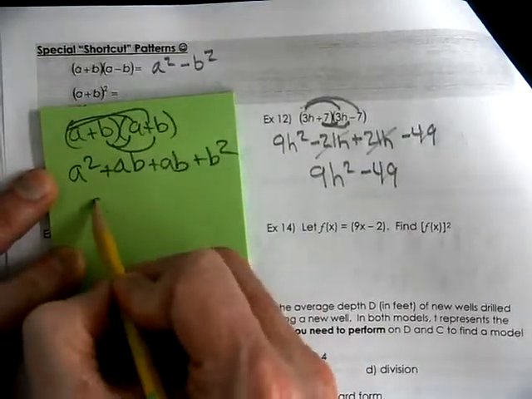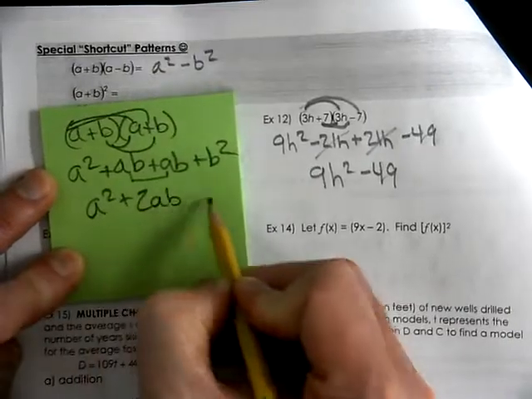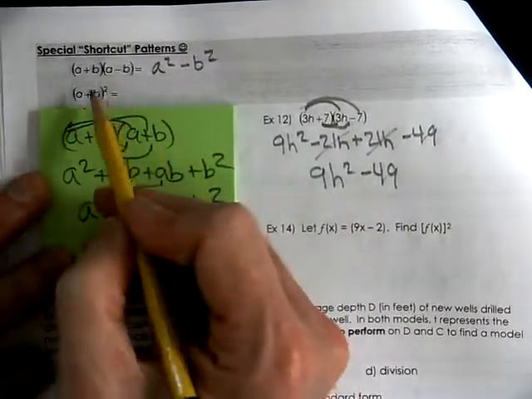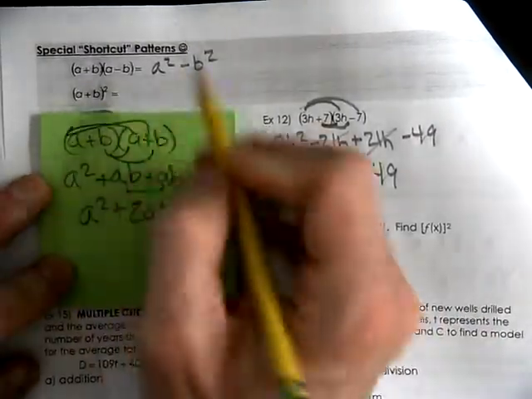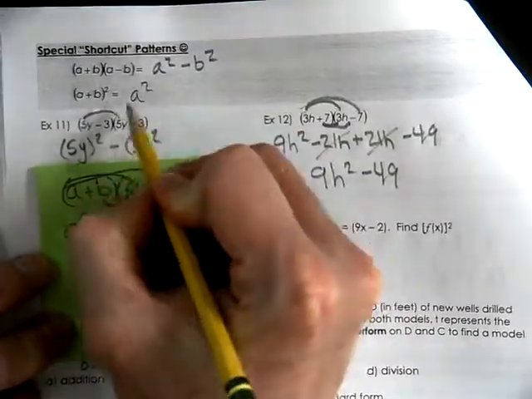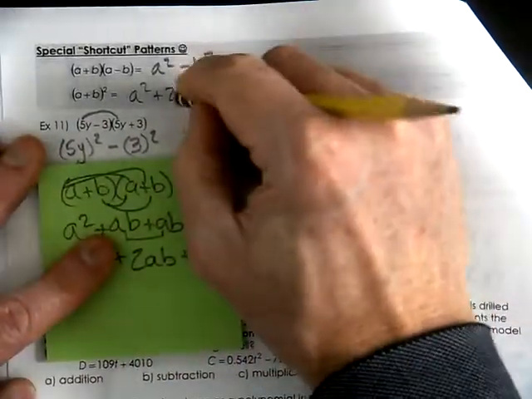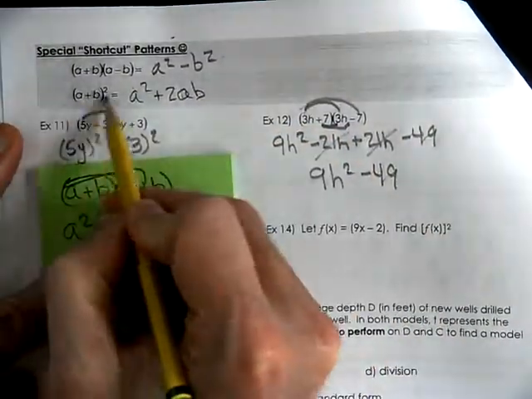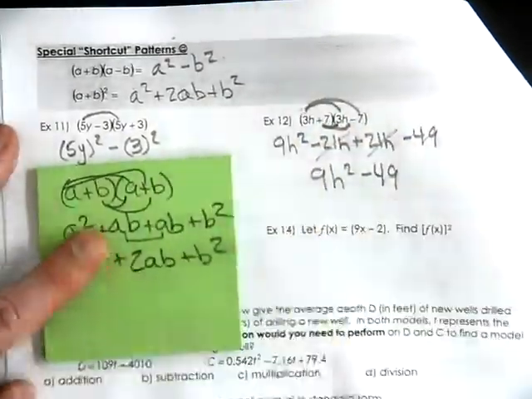So our pattern is A squared plus 2AB plus B squared. So that's the pattern that comes when you are squaring a binomial. You square your first term, you times 2 times the product of the two terms, and then you square your second term.